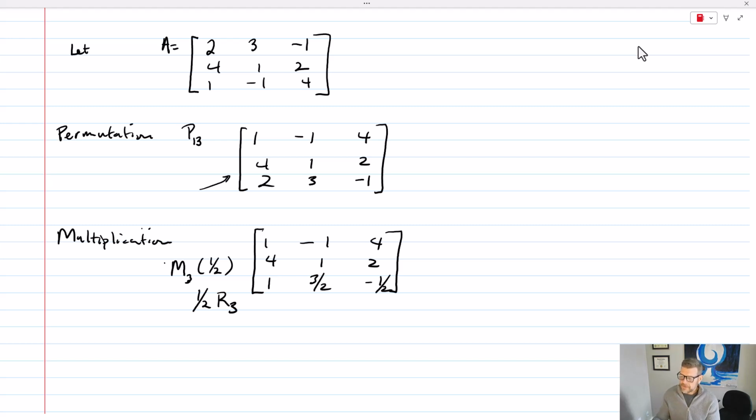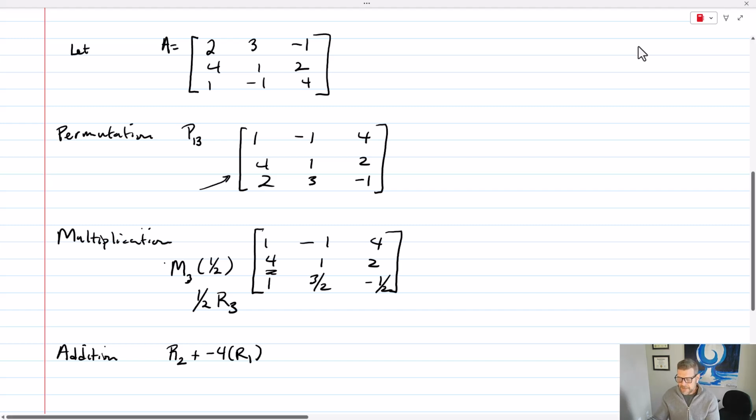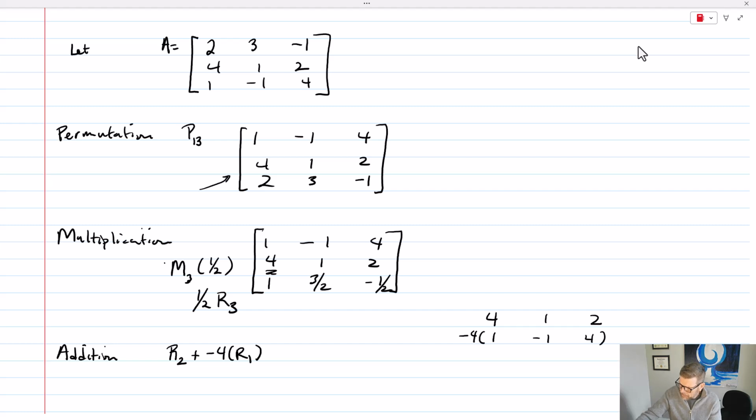And there we go. The third is addition, and this is adding two rows. Let's say, for example, I'm going to take row 2 and add negative 4 times row 1. Essentially what I want to do here, and we'll talk about this in a little bit more depth, is make the second row, first column into a 0. So I'll add those two rows together, and I'll do my work on the side. I have 4, 1, 2, that's row 2, minus 4 times 1, negative 1, 4.